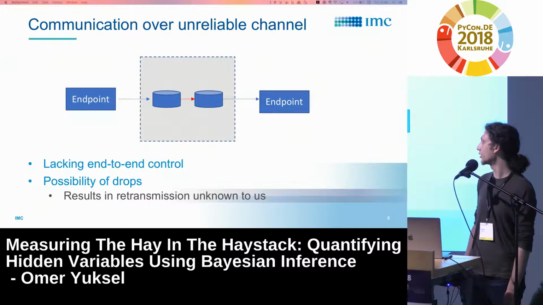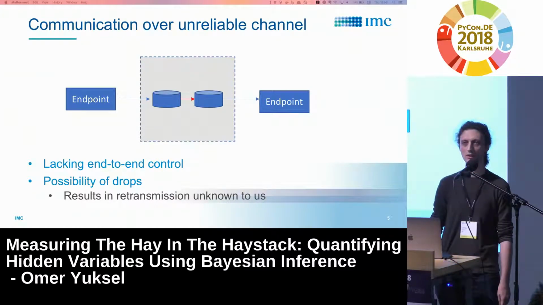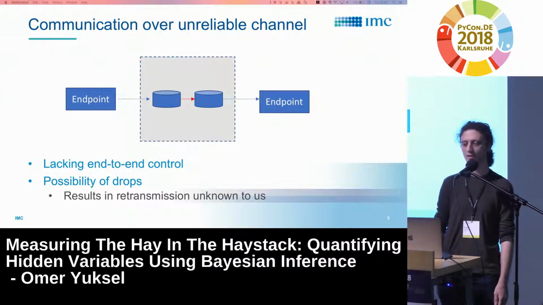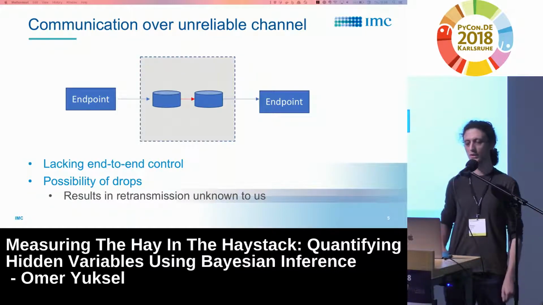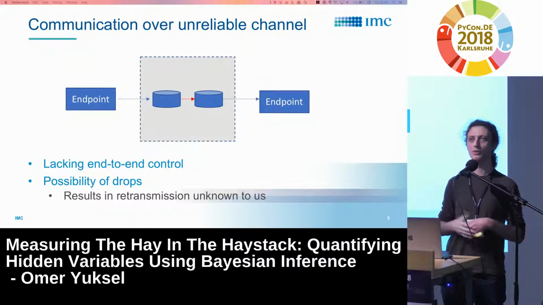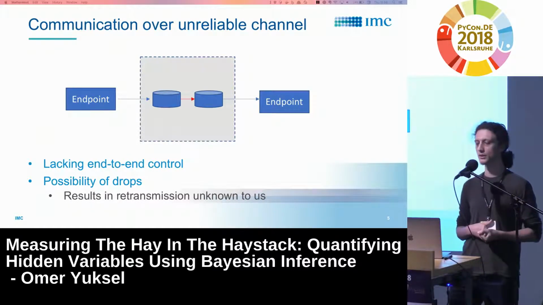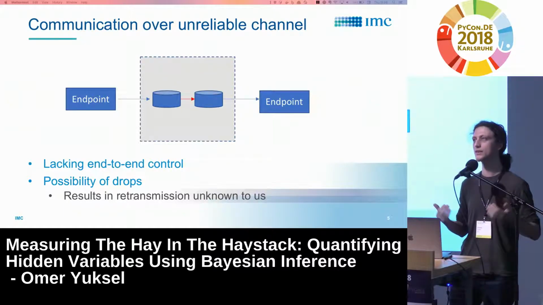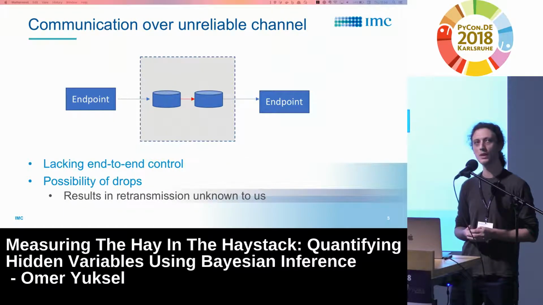So the actual scenario we have here is a communication over some unreliable channel. We just want to get data from endpoint 1 to endpoint 2. But we lack control over some parts of the network. For instance, it could be managed by a third party.